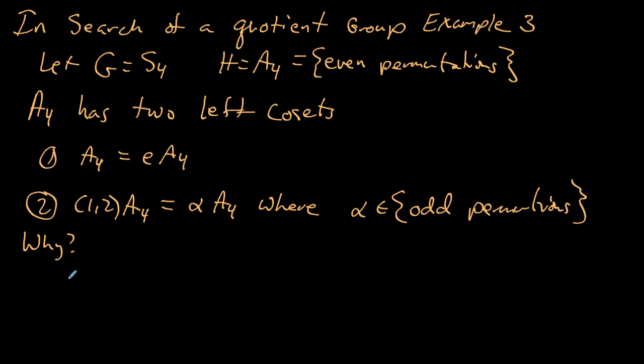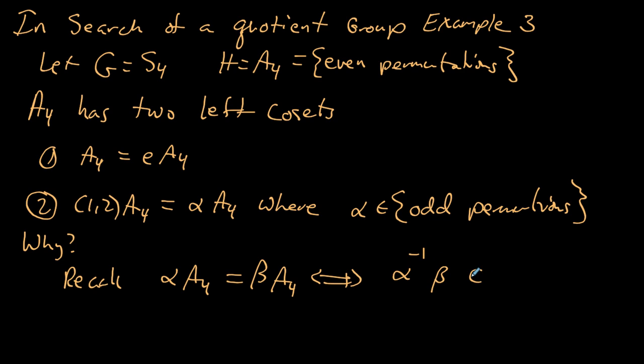Why is this so? Well, one thing that I want to recall is that two left cosets are equal if and only if the inverse of one of them times the other one belongs to the subgroup.